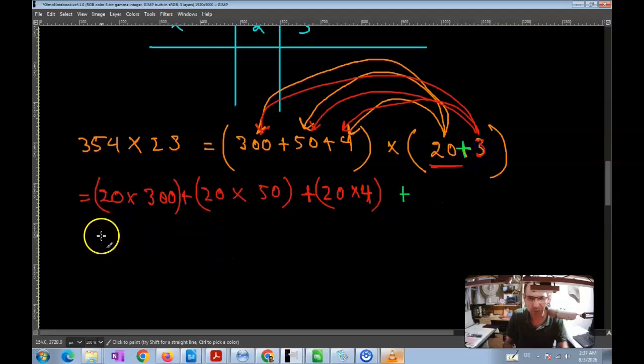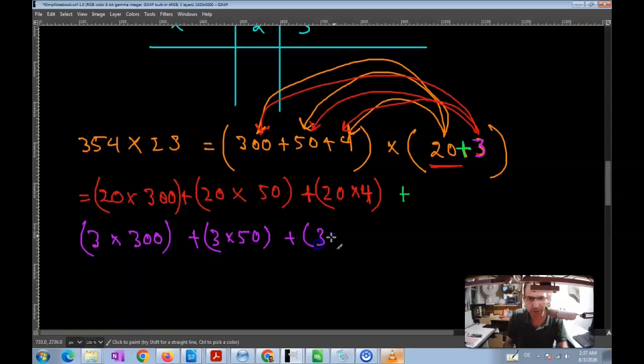So then I'm going to use another color. So let's say that this is the 3, and then plus the 3 times the 300 plus the 3 times the 50 plus the 3 times the 4, right?